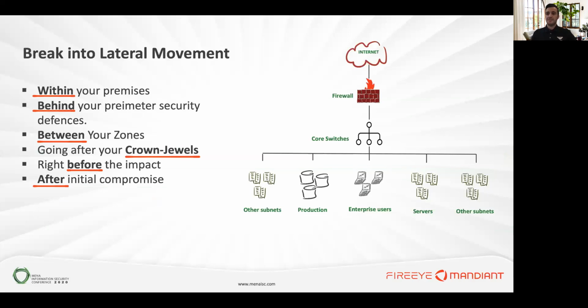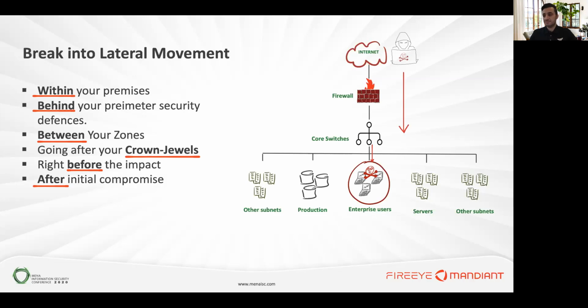Worldwide research firms, including, of course, FireEye Mandiant, have identified lateral movement happening in about 70% of cyber attacks today. An attacker, as you can see here, will try to exploit a vulnerability or use compromised credentials to gain access to your environment.